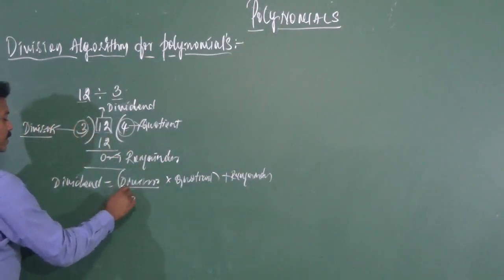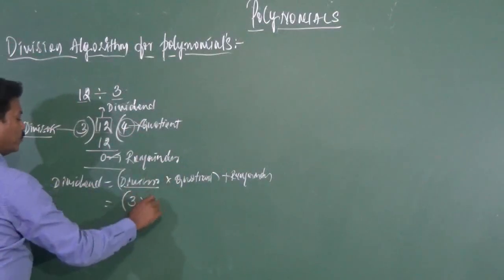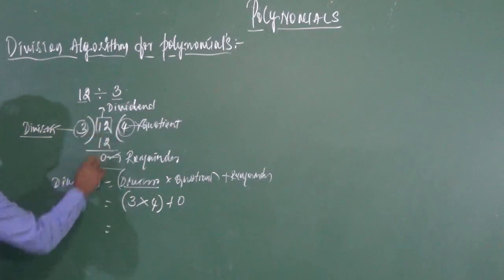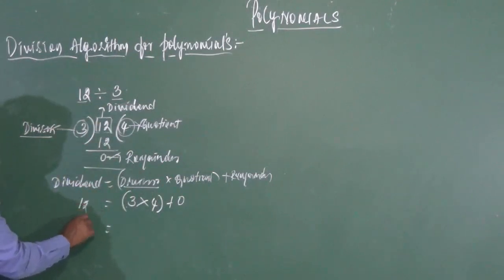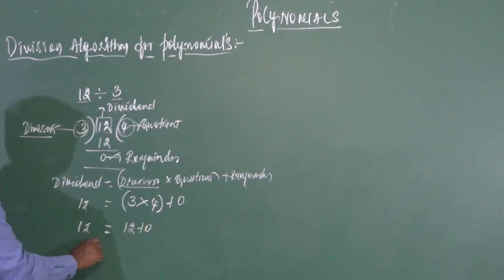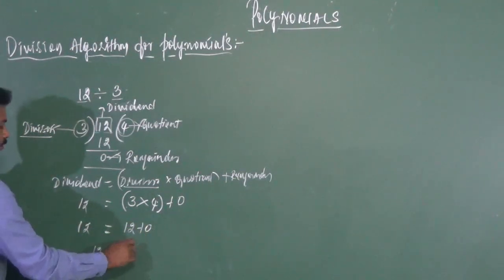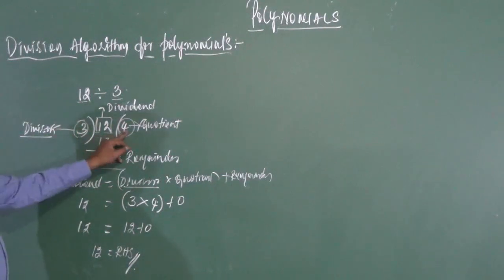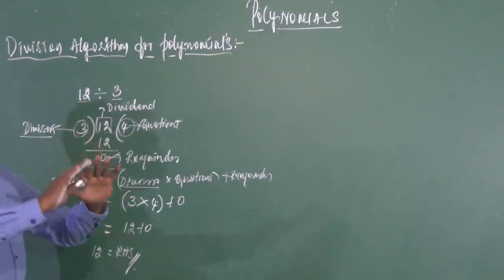So divisor is 3, into quotient 4, plus remainder 0. So 3 into 4 is 12. Dividend is 12. I will substitute here. So 12 is equal to 3 into 4 is 12 plus 0. So 12 is equal to the RHS. So this is the relation between the dividend, divisor, quotient and remainder in any division.